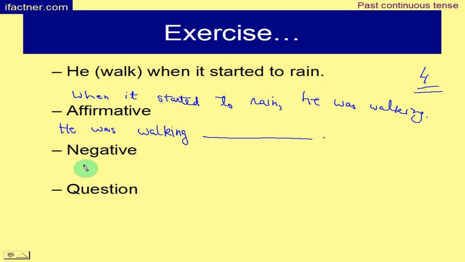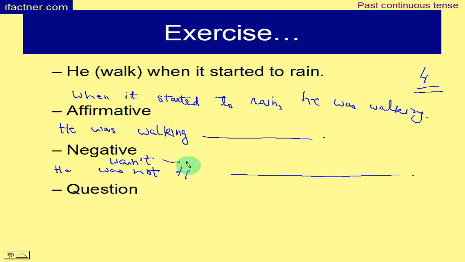What is the negative form? He was not walking when it started to rain. And what is the contracted form of this sentence? Yes, he wasn't walking when it started to rain. And we use the contracted form mostly for speaking purposes.